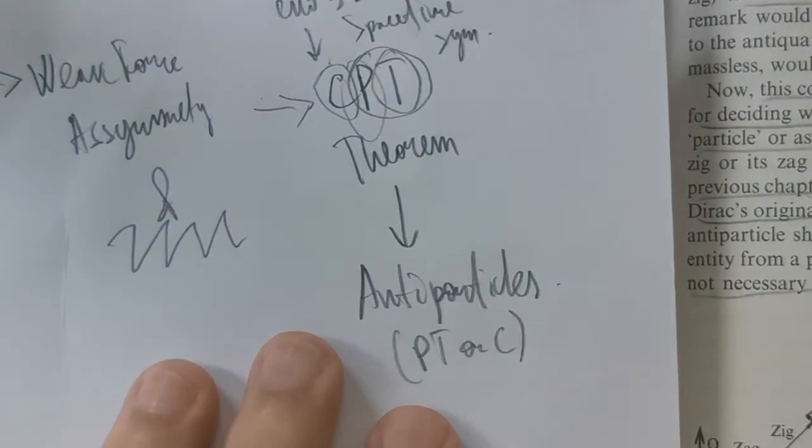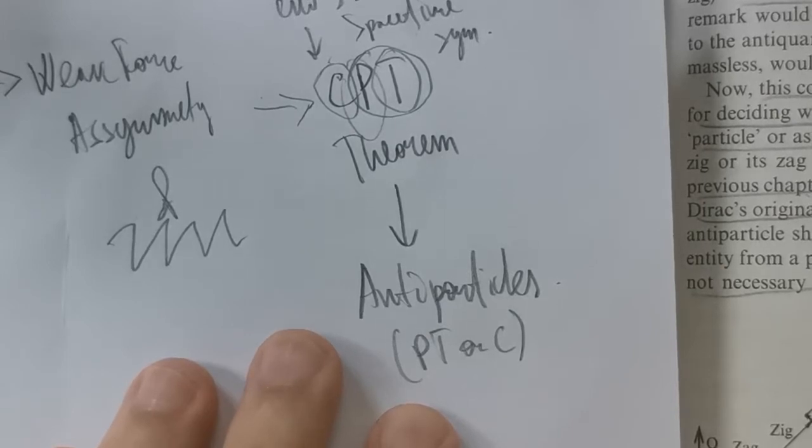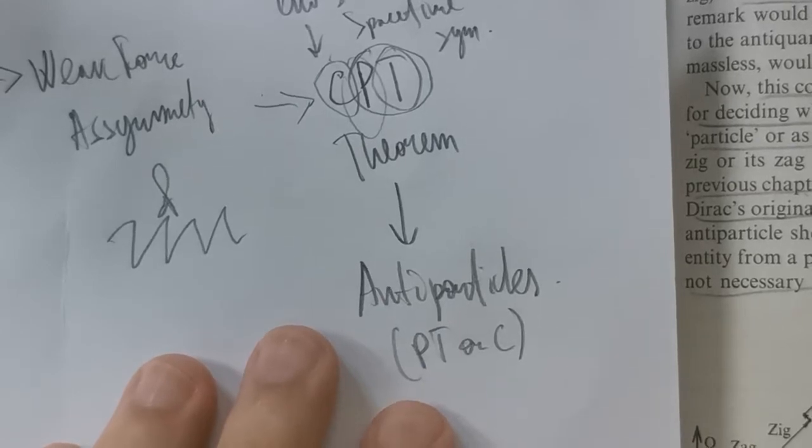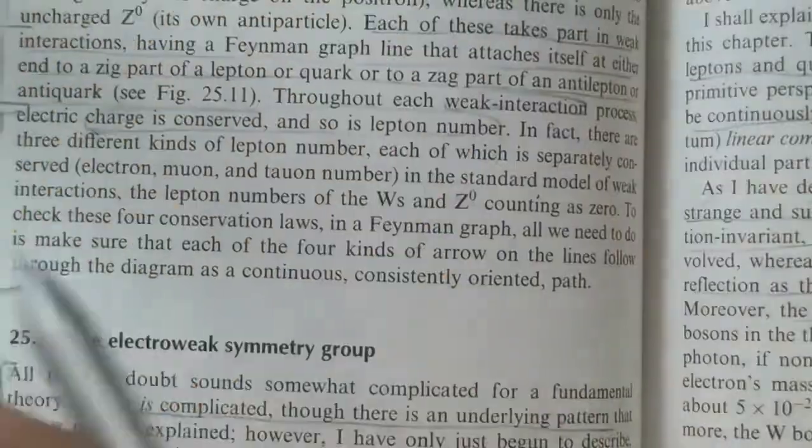Basically you can think of antiparticles as particles moving backwards in space-time, which is similar to the picture Feynman used. He talked about antiparticles as particles moving back in time. And Penrose just gives us a recipe here.